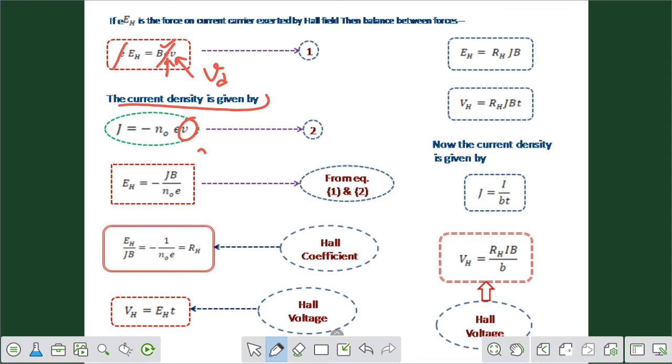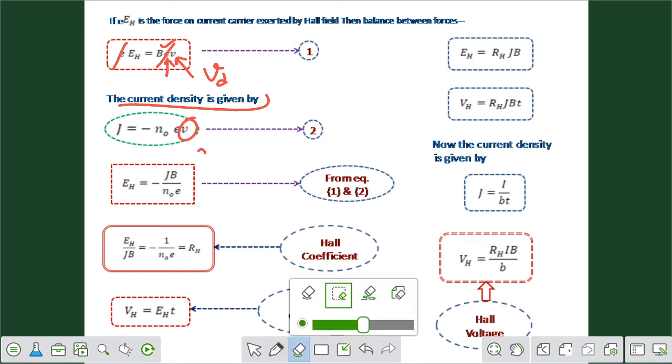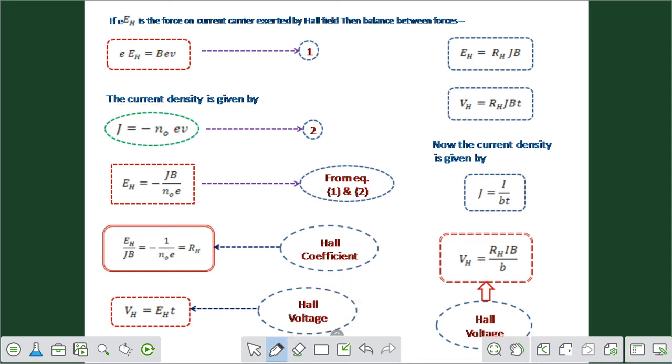Okay. So from that concept, we can write the current density like that: J is equal to minus n_0 e V. Here n_0 is the concentration of the charge carriers. Here I am taking the charge carrier as the electron, that's why I am putting the negative sign.